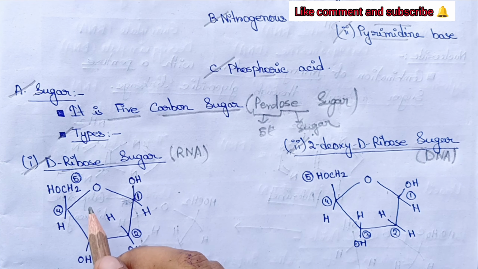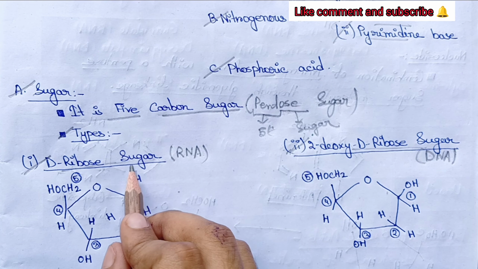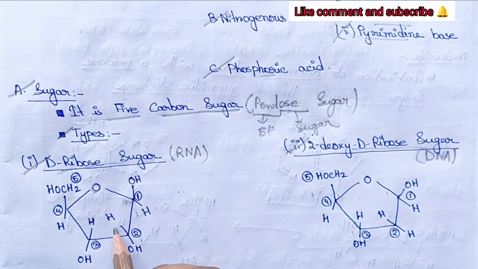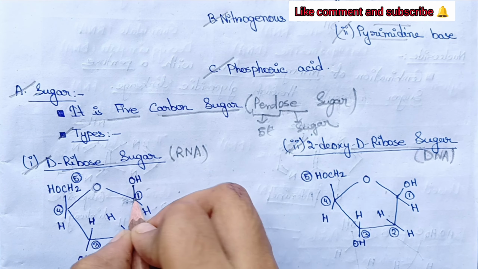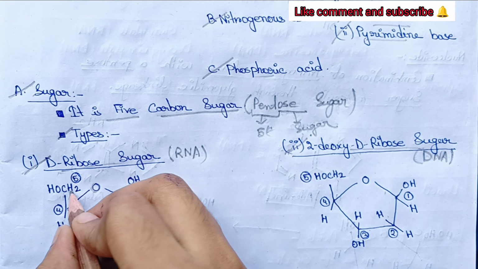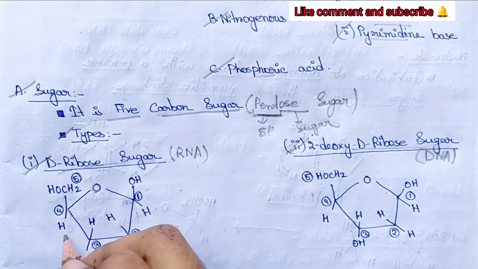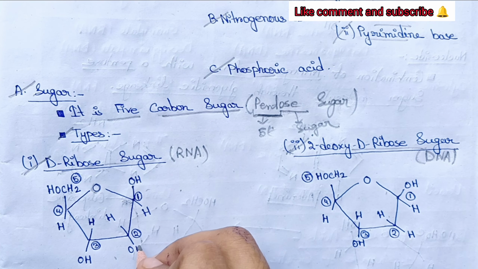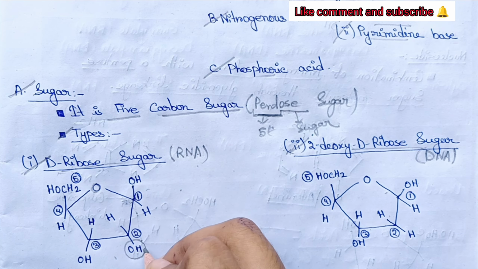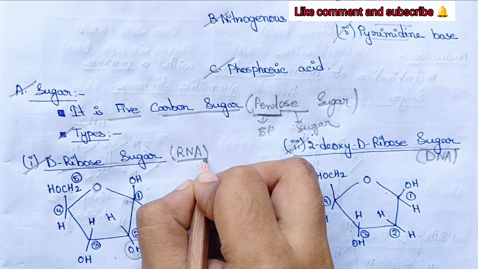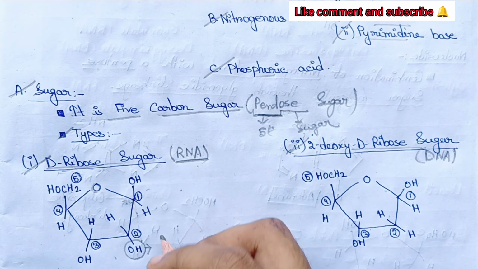Then this is the structure of D-ribose sugar. There is an oxygen and there are 1, 2, 3, 4 and 5 carbon atoms. So it's called pentose sugar, with 5 carbons, and here there is an OH group. This is the main cause of it being called RNA, D-ribose.